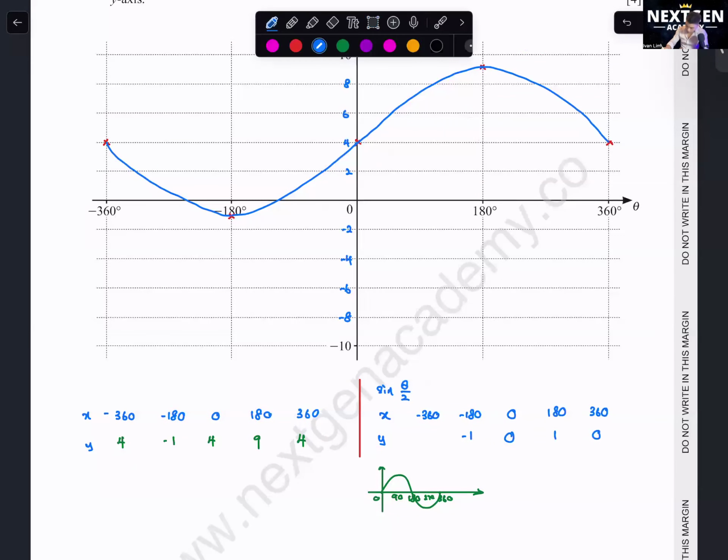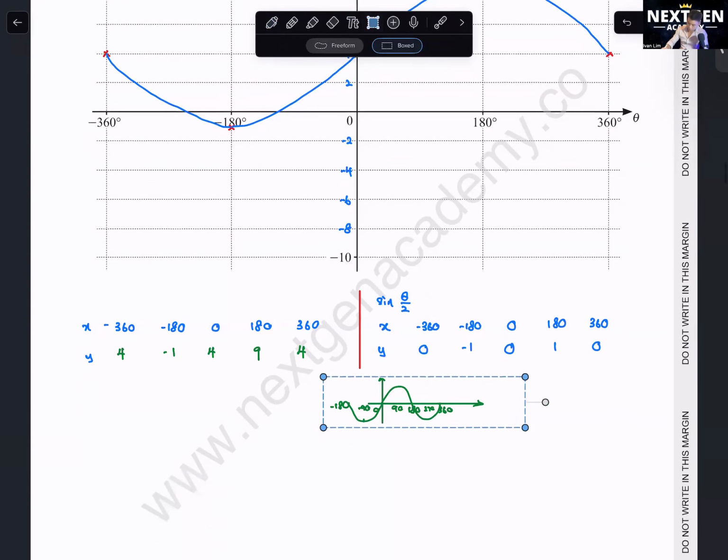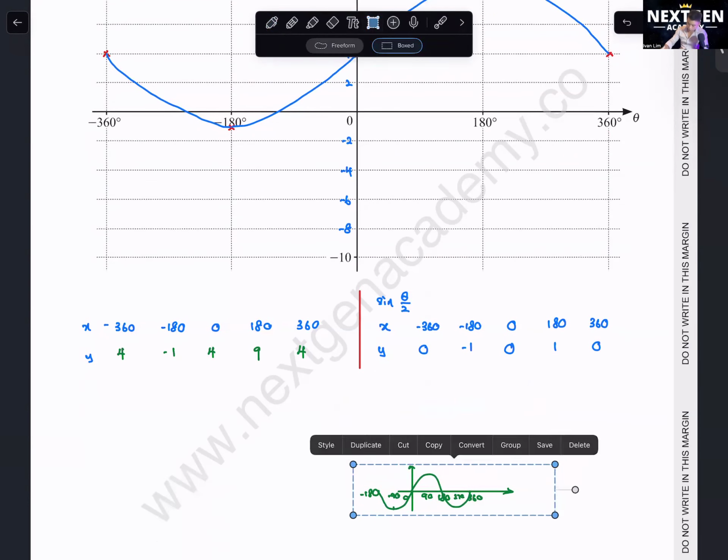So you follow this graph here, like this, then like this. Here is negative 90, then negative 180. So minus 360 will follow minus 180, which is equal to 0. So you just refer to this original graph.